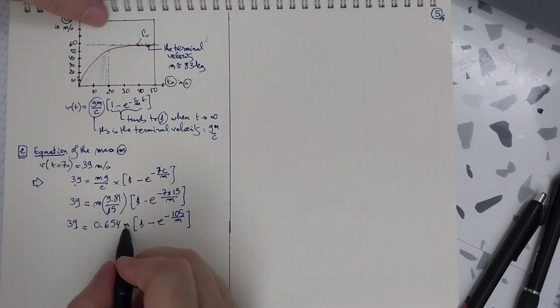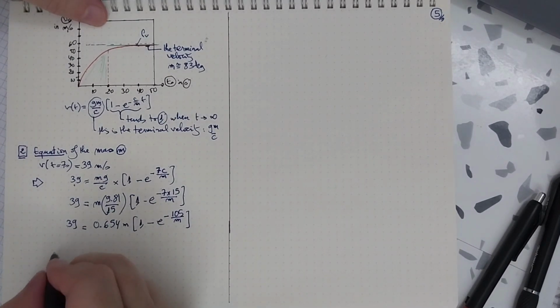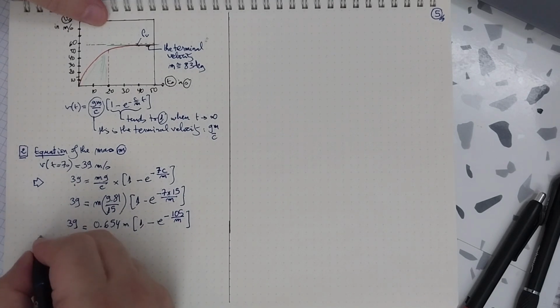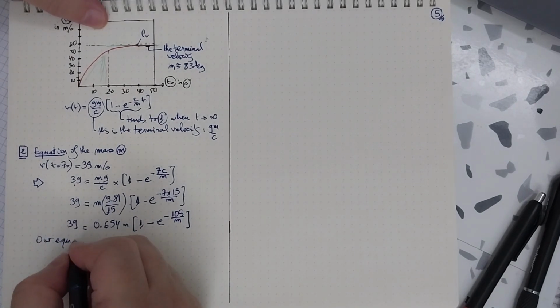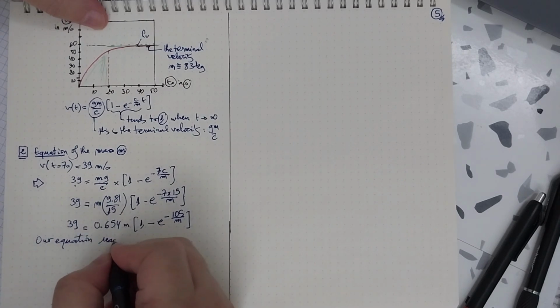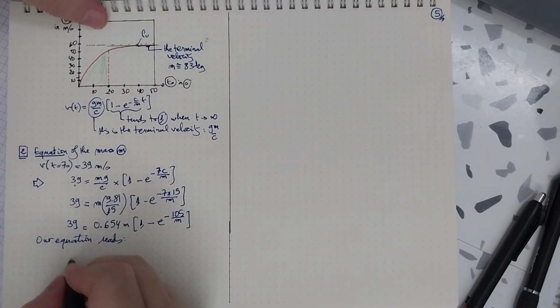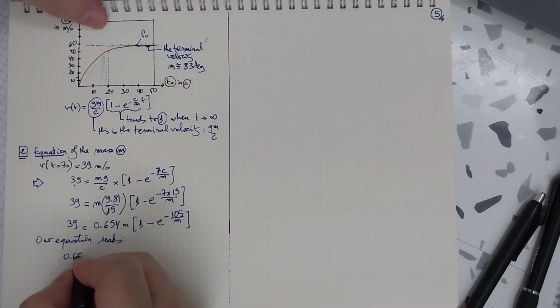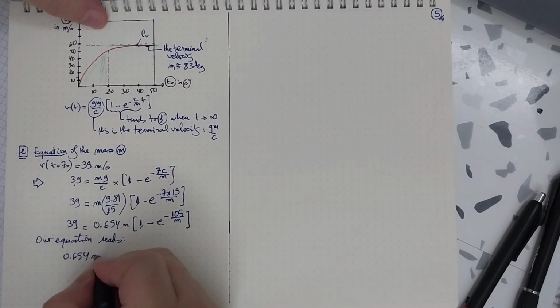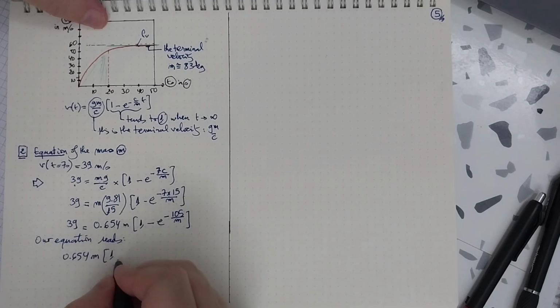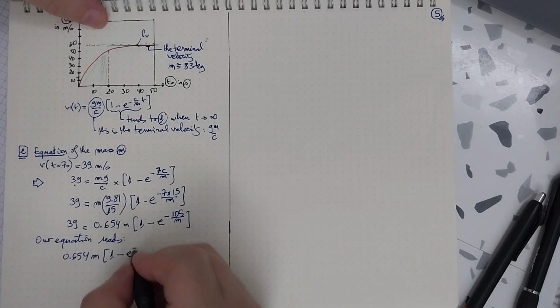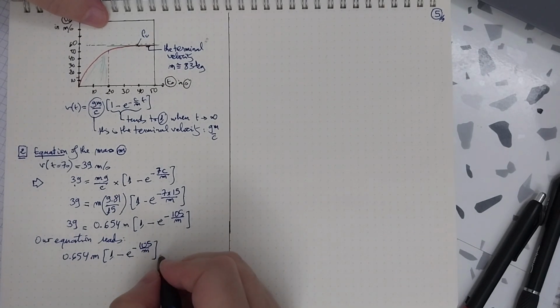So the only unknown here is m. So we write it in equation. Our equation reads the following: 0.654 m times 1 minus e to the minus 105 over m, minus 39 equals 0.